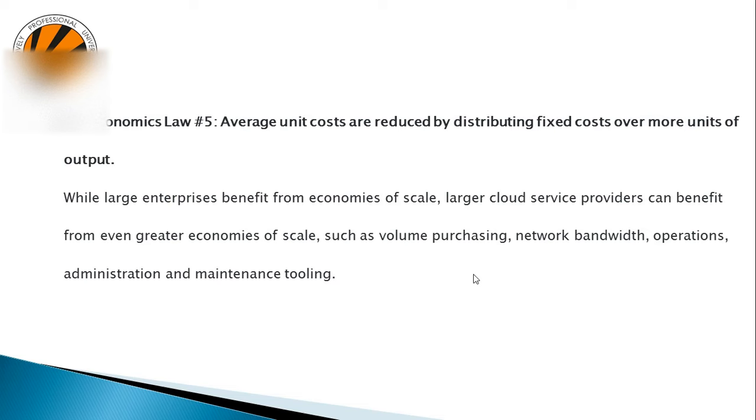Similarly, if you need one hard drive, you will pay a higher cost. If you need 1,000 or 10,000 hard drives, you can negotiate with the people who provide them. Similarly, organizations deploy a huge number of systems, so they get them at a lower cost.